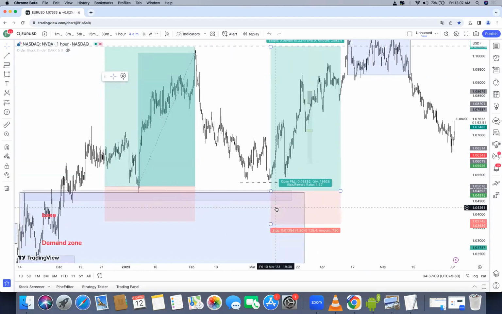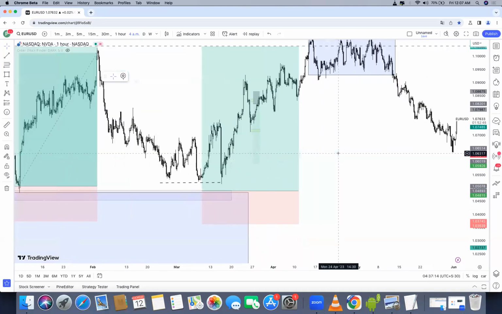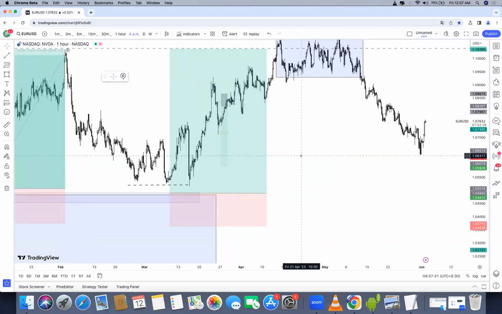So one of the assignments you have to do on your own, I think in the next session we're going to have, I will have you go to your TradingView, and then you will have to backtest while I'm watching, and I have to see that you can really backtest everything.